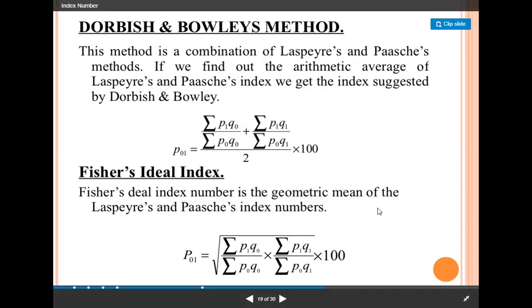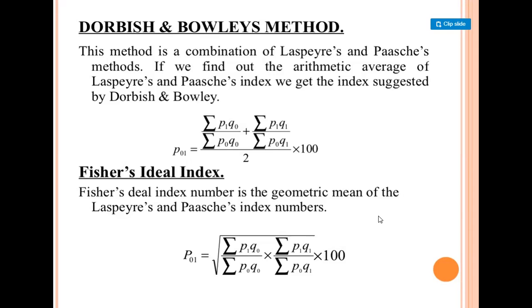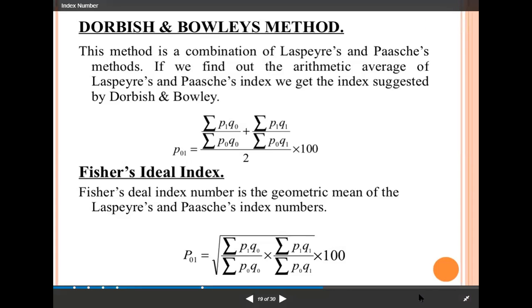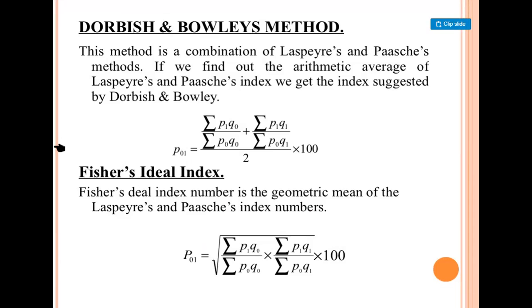Then now Fisher's ideal index. This is a very important index number. So why? Because more than 100 index numbers are there. Out of all these index numbers, the Fisher index number is the only one called the ideal index number.